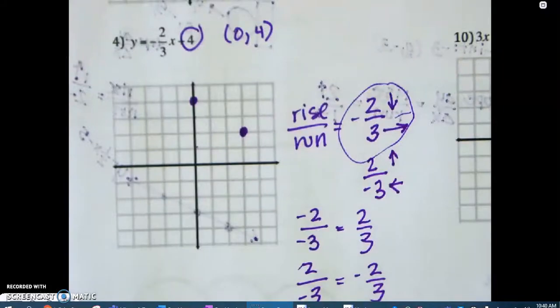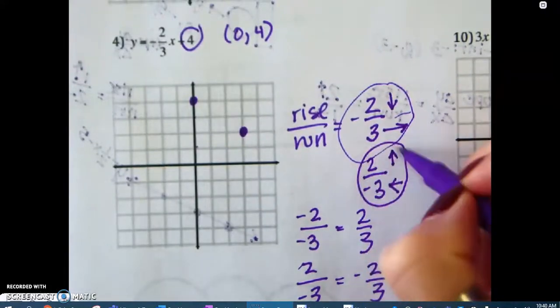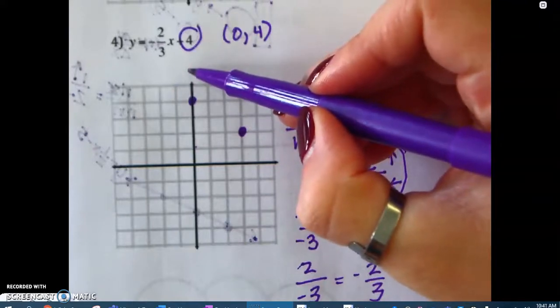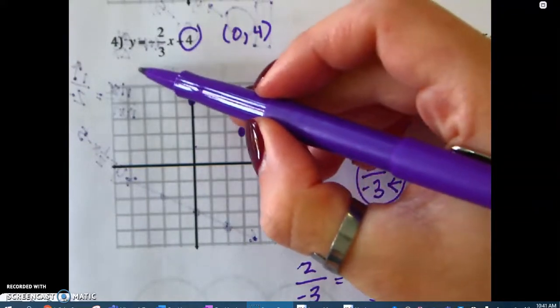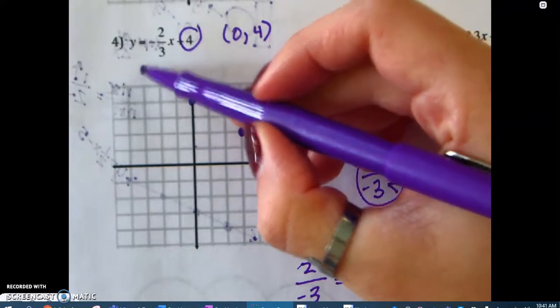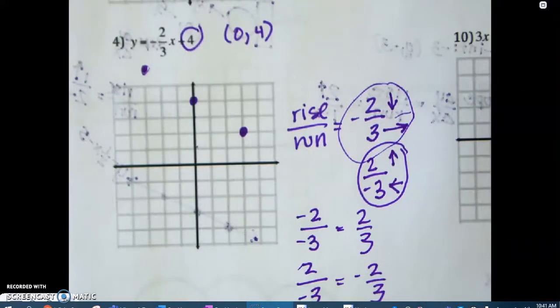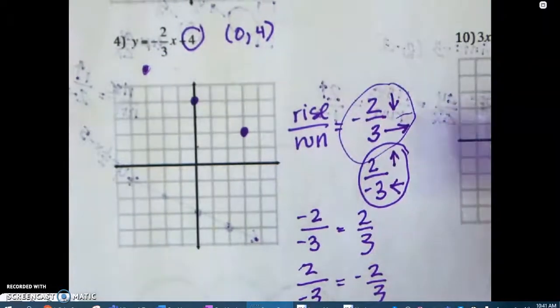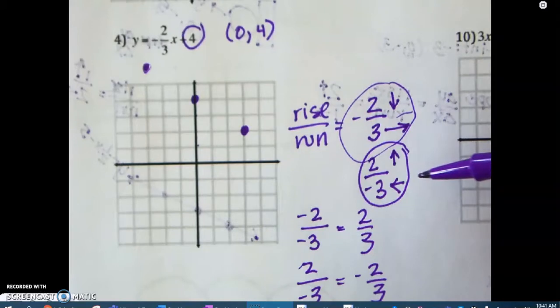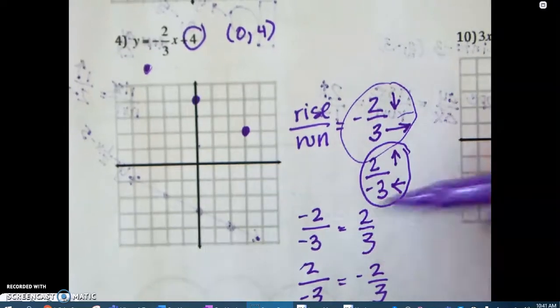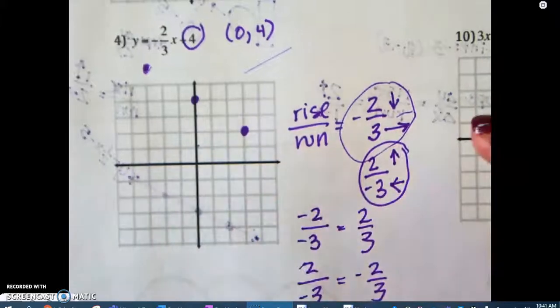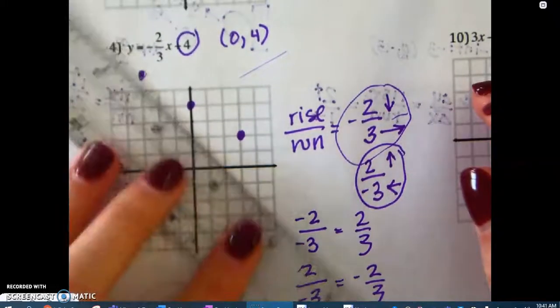Okay, which gets me to my next point. If I did this one, I would go up 2, which is off the grid, and go to the left 3. So you would see it would still get me to my next point. It would just go in the other direction. So I'd still have this straight line here. I just moved differently, which is essentially the same. If you had both of them negative, you would actually be moving in the positive direction. So that's why you only make one of those negative.